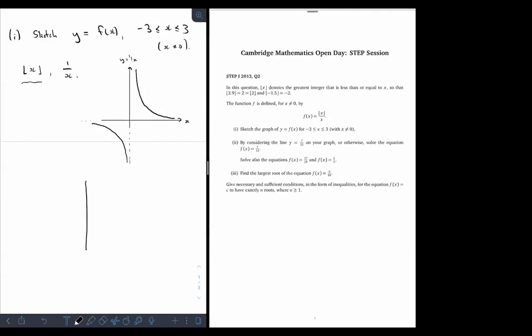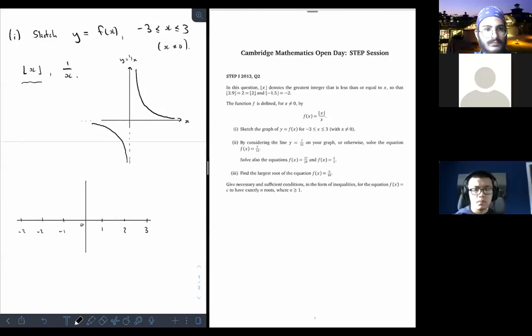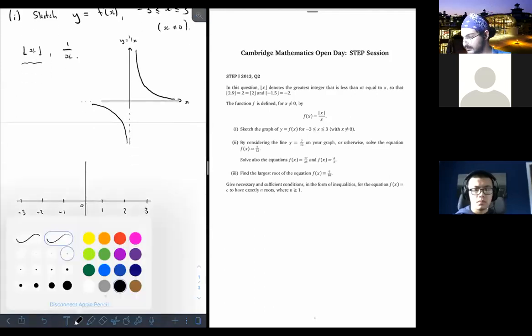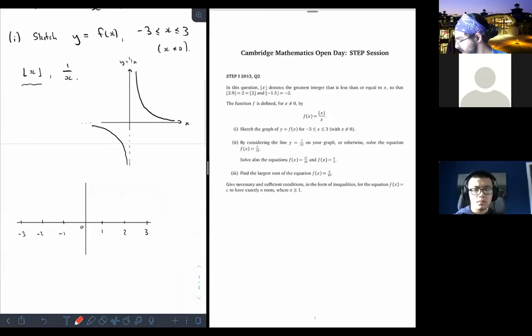So if we draw a set of axes, let's label on some integer values. So we have 1 here, 2 here, and 3 here. 0, -1, -2, extended a bit more, -3, etc. So as we had before, we had these numbers.